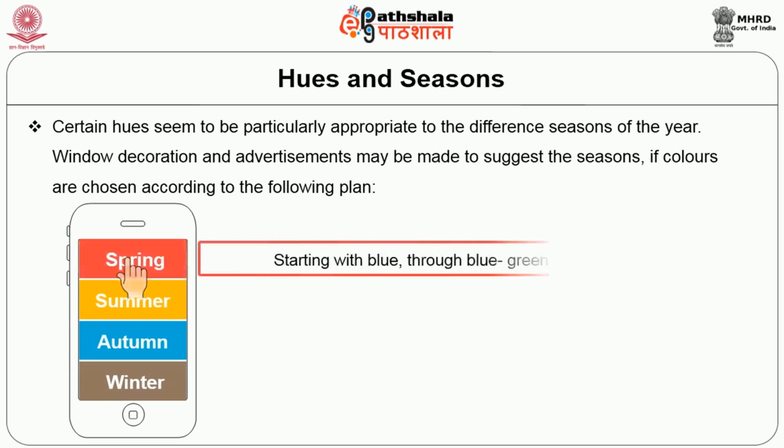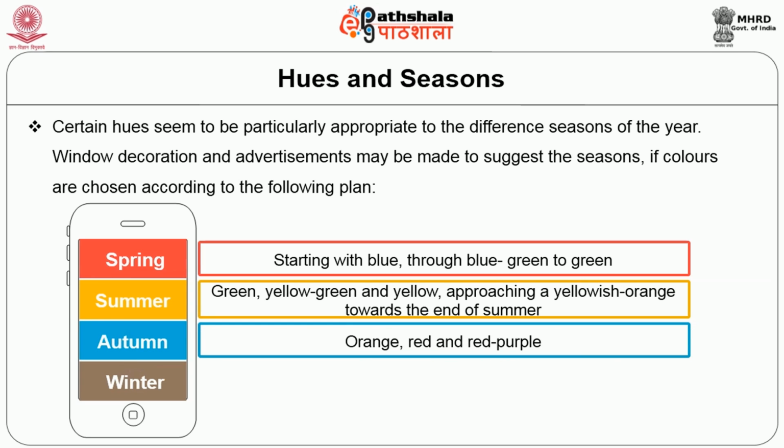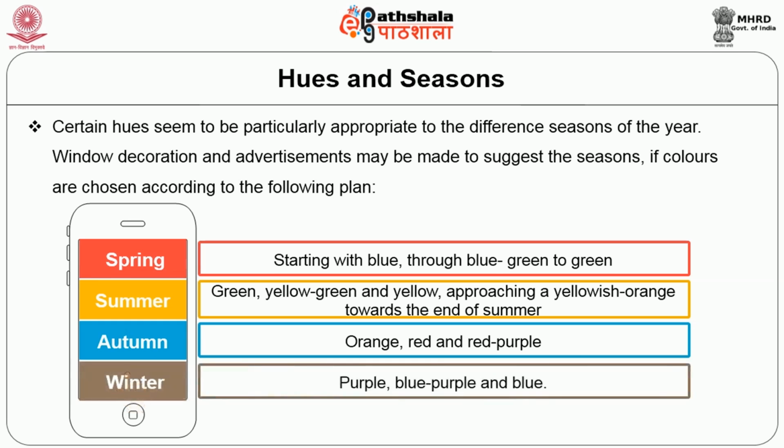The first one is spring, starting with blue through blue-green to green. Second one is summer, green, yellow-green and yellow, approaching a yellowish orange towards the end of the summer. Next is autumn, orange, red and red-purple. Last one is winter, purple, blue-purple and blue.